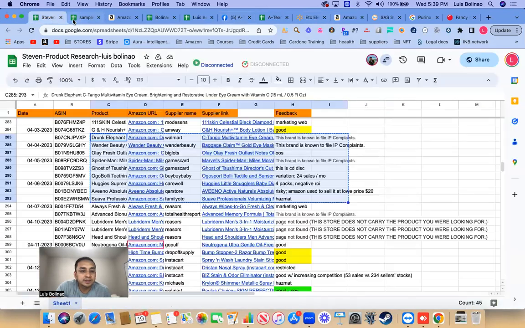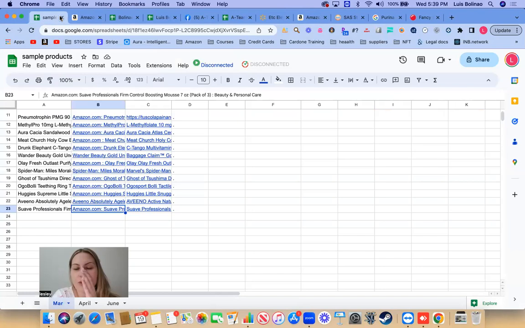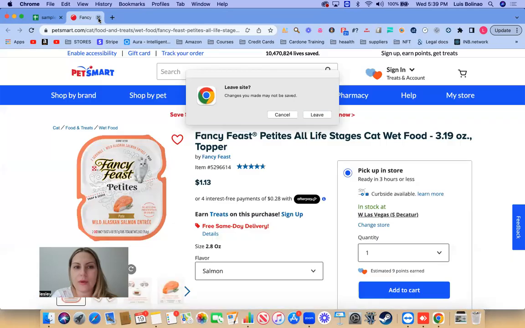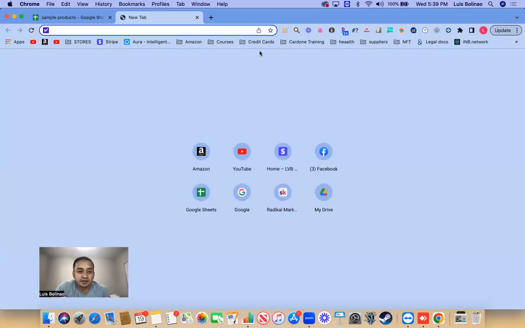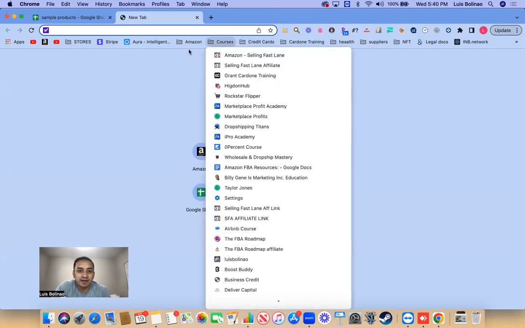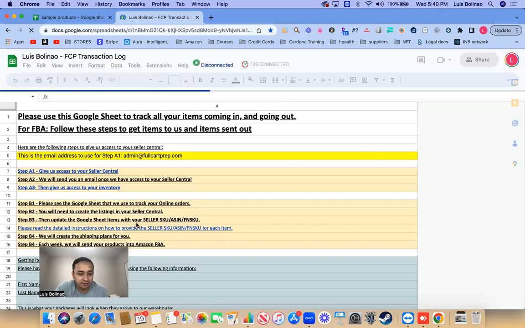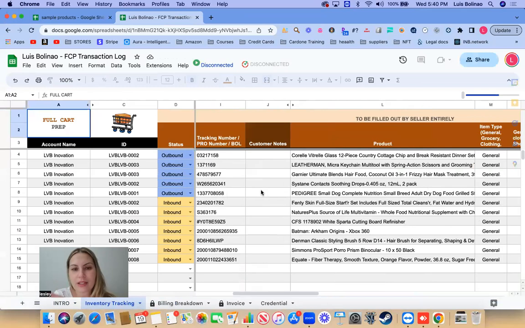Where's my sheet? Right there. Louis, can I ask you a question on that sheet? I know he wanted us to put our tracking number, but where do you put it? Because I don't know where you put your order and then your tracking number. You mean on the new one? What I did was put my order number, then a slash, and then the tracking.